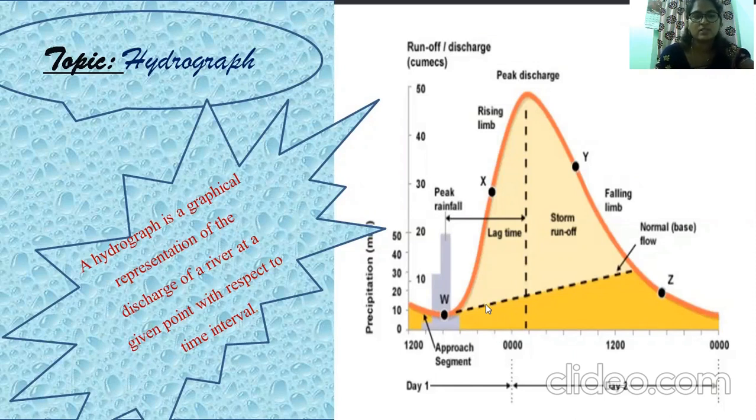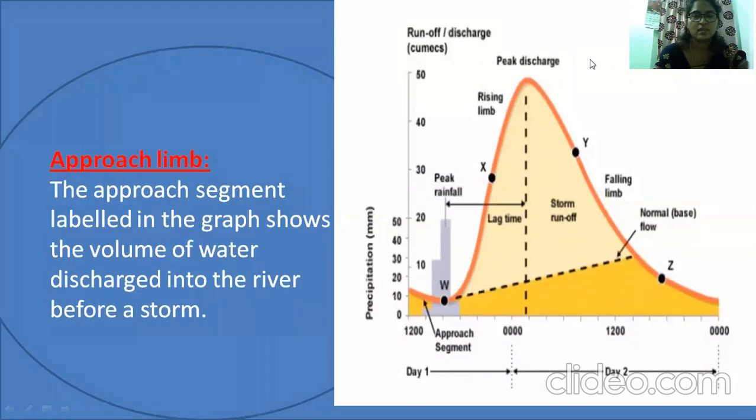The approach limb segment in the graph shows the volume of water discharged into the river before a storm. This is also referred to as the base flow rate.